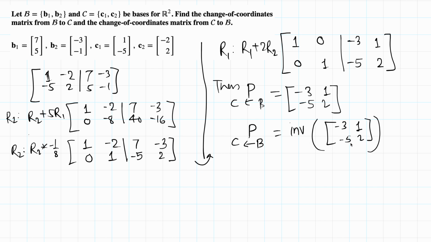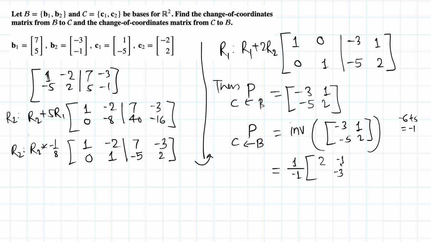We need to find the determinant. So that will be 1 over the determinant of this. Negative 3 times 2, negative 6 minus negative 5 times 1, negative 5. So plus 5, that gives negative 1. So the determinant is negative 1, times, we swap the main diagonal elements and multiply the others by negative 1.